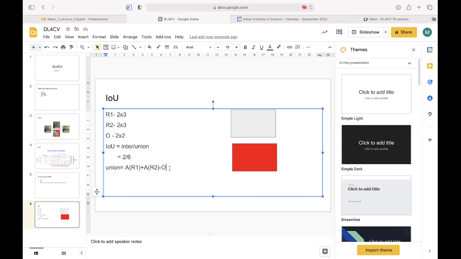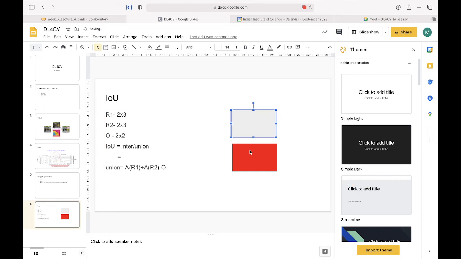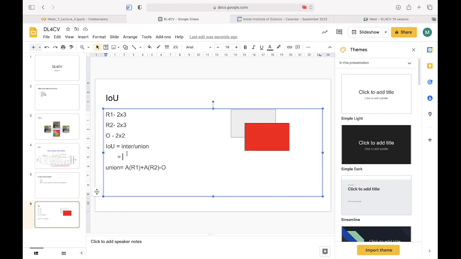So 4 by 8, 0.5. You should know the answer. You check there, same thing, right? Answer is 0.5, 4 by 8, correct?